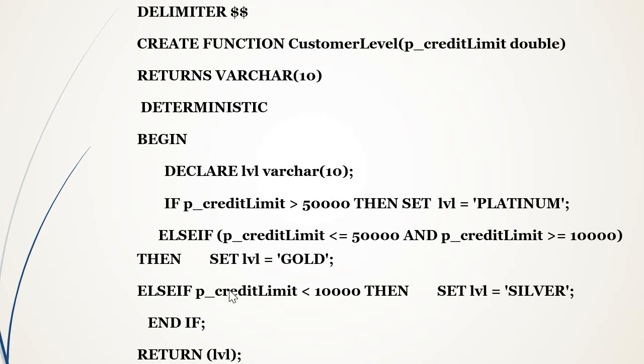Else if P credit limit, which is my parameter to customer level, is less than 10,000, then the level is silver. So this is the logic which we write between the begin and end.